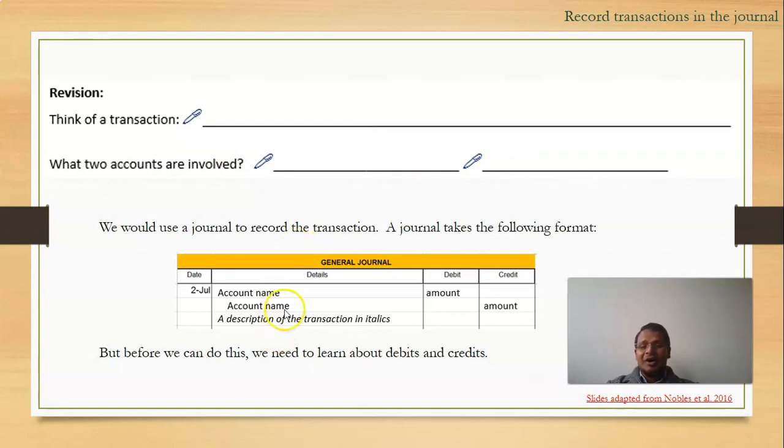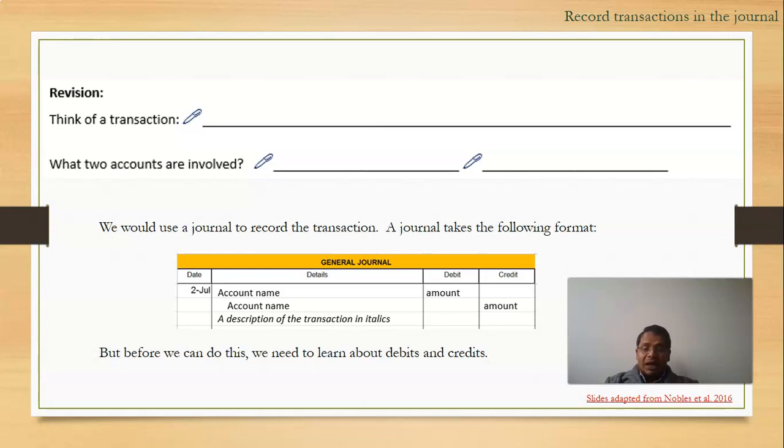And then what is the format and structure of your records? There should be a date and the details of the transaction, and the accounts involved: one on the debit side with the debit amount, and the other recorded on the credit side with the credit amount, and a description of why we are recording this transaction.